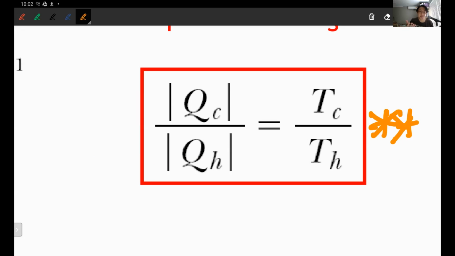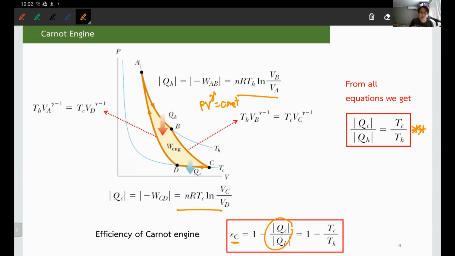So don't worry about solving this system of equations. That's not the point. The point is, you know how to find the highest efficiency of a heat engine that runs between 2 temperatures. No engines can beat this engine, pretty much.